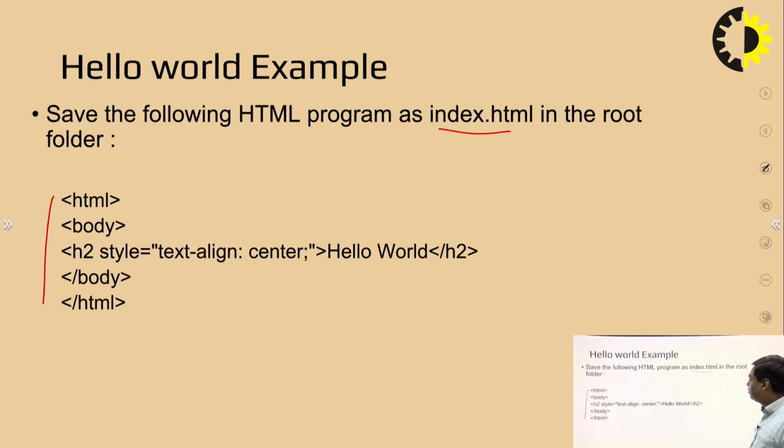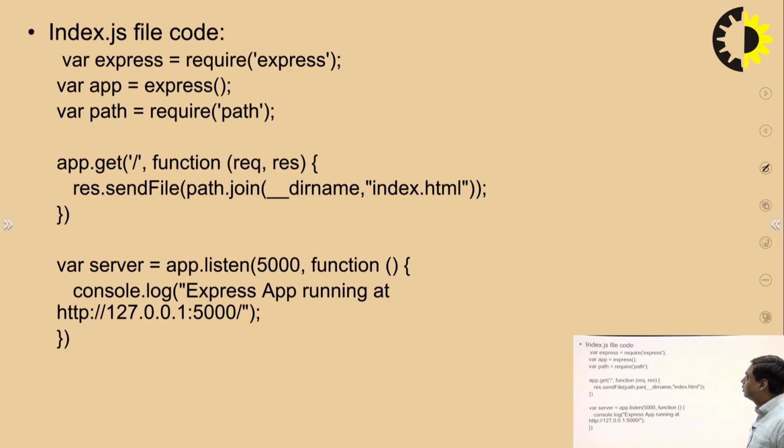So with the help of Node.js, we will read this file, and this file will run in the browser and it will display hello world. So for this example, first of all we have created an HTML file, and the name of the file is index.html. Next is the index.js file, that is a Node.js file.